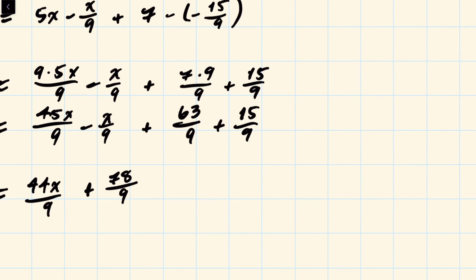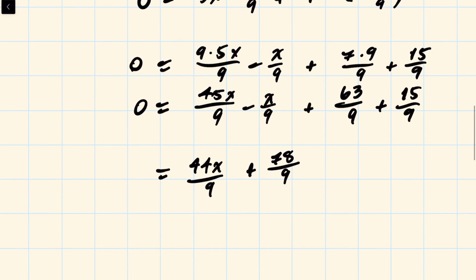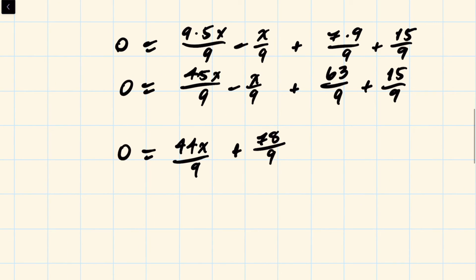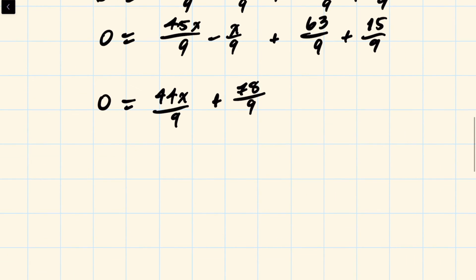Okay, and this is all equal to 0. So now we can literally just solve for x. We're going to move this to the other side, or in other words, subtract 78 over 9 from both sides.